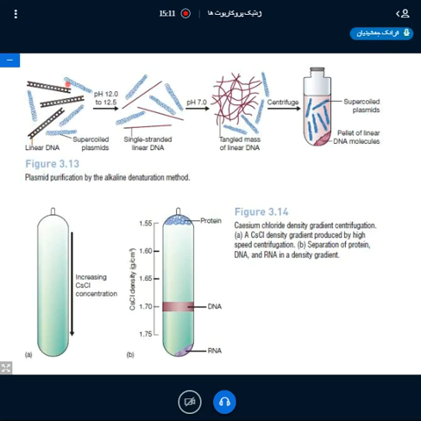Look at here. If we prepare the cell extract, what do we have? We have linear DNA. What is linear DNA? Can you tell me what is linear DNA here?